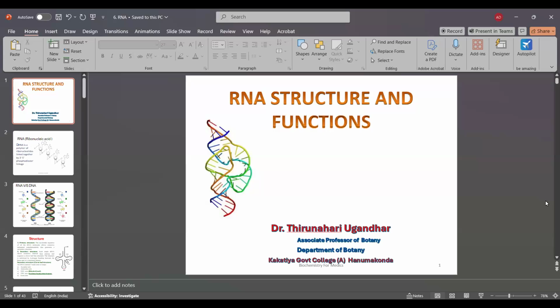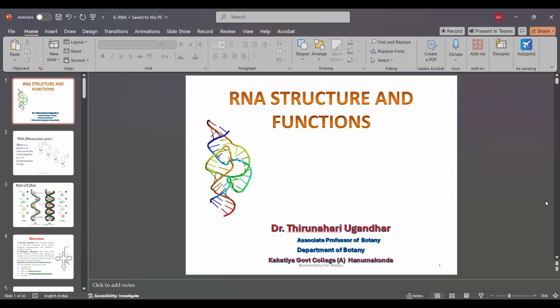Sir is going to explain about the RNA structure, types and functions of ribonucleic acid. It is the most important nucleic acid in all living organisms, from prokaryotic to eukaryotic, and it is involved in protein synthesis.